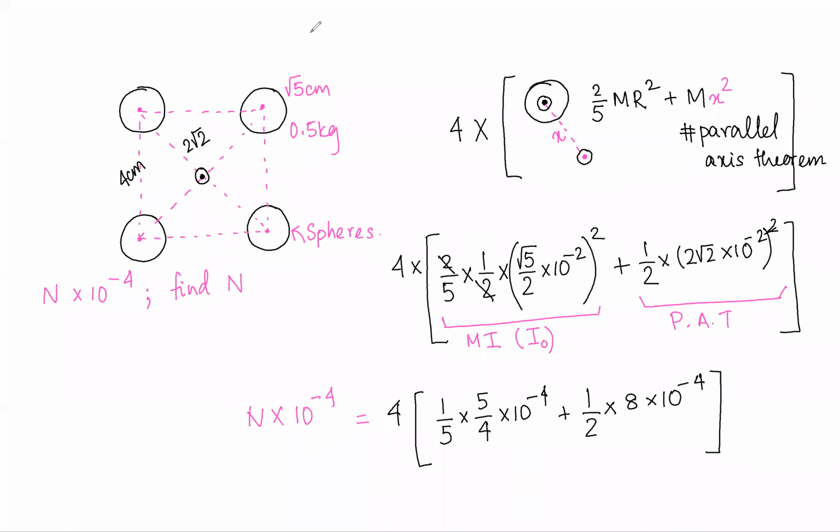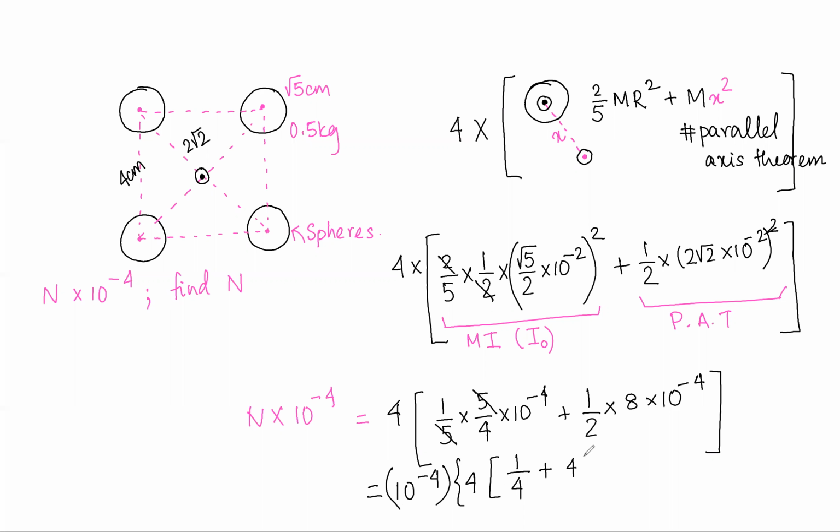So just keeping that in mind, you take 10 to the power minus 4 common. So 10 to the power minus 4 goes common. What are you left with? You are left with 4, and then you're left with this calculation. So 1 by 5 is going to cancel. Keep in mind we have already taken 10 to the power minus 4 common, so we just have 1 by 4 plus 1 by 2 into 8. So what is 1 by 2 into 8?